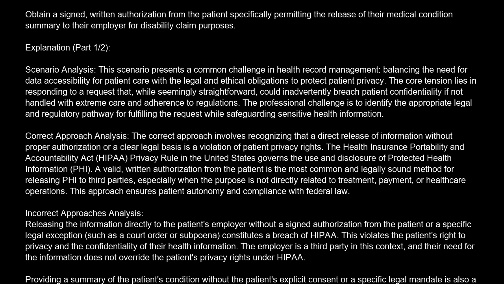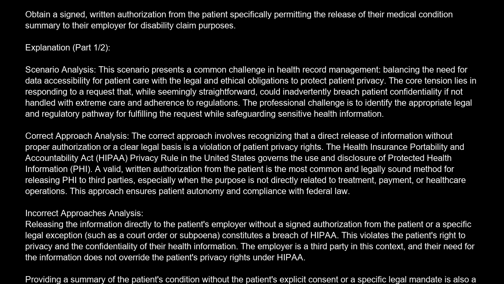Incorrect approach analysis. Releasing the information directly to the patient's employer without a signed authorization from the patient or a specific legal exception, such as a court order or subpoena, constitutes a breach of HIPAA. This violates the patient's right to privacy and the confidentiality of their health information. The employer is a third party in this context, and their need for the information does not override the patient's privacy rights under HIPAA.